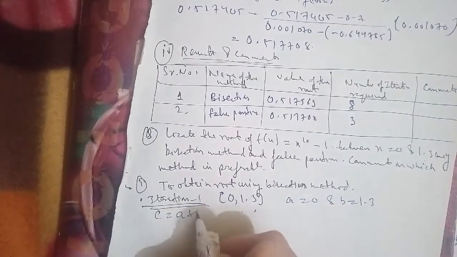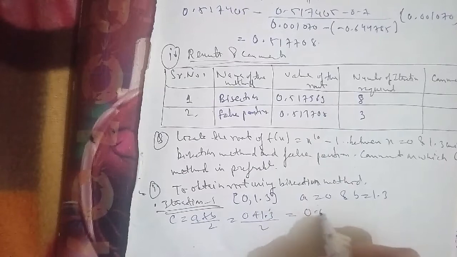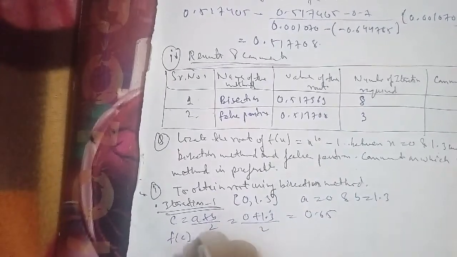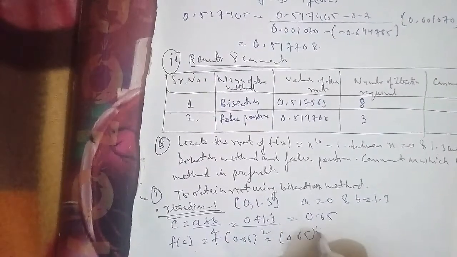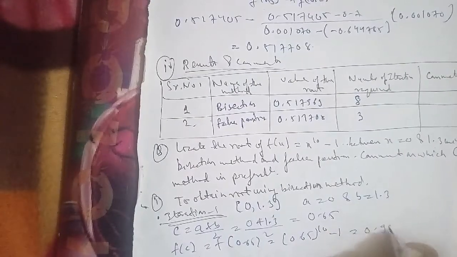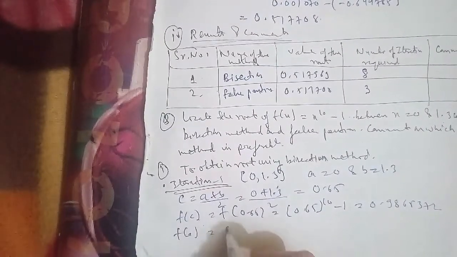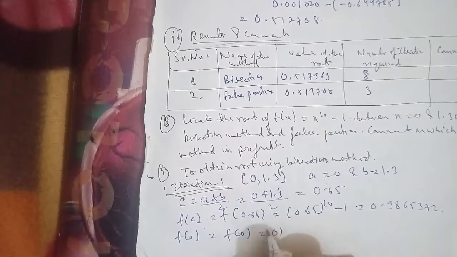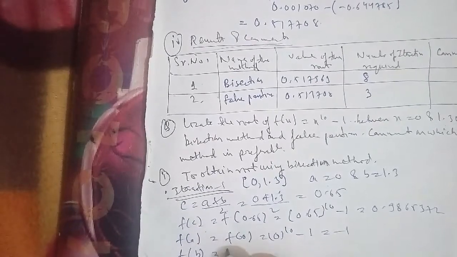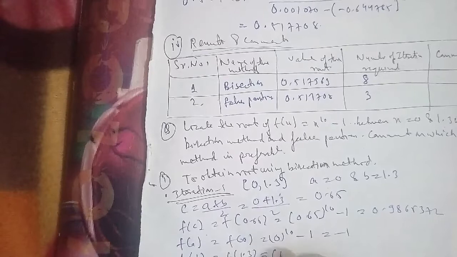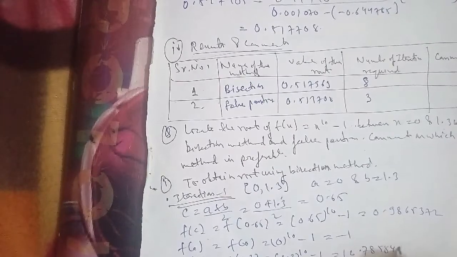So c equals (a plus b) by 2, (0 plus 1.3) by 2, that is c equals 0.65. f(c) equals f(0.65) equals 0.65 power 10 minus 1, which is equal to minus 0.9865372. f(a) equals f(0) equals 0 power 10 minus 1, which is minus 1. f(b) equals f(1.3) equals 1.3 power 10 minus 1, which is 12.785849.